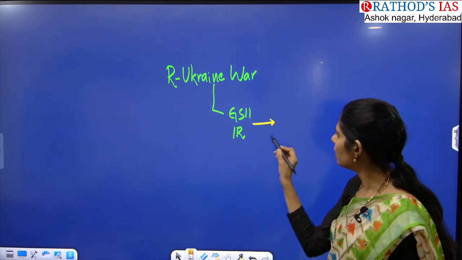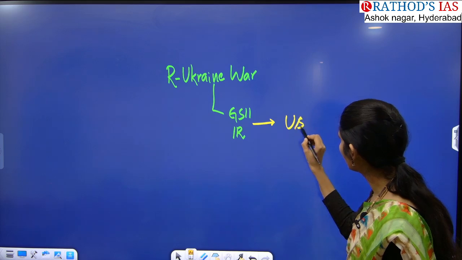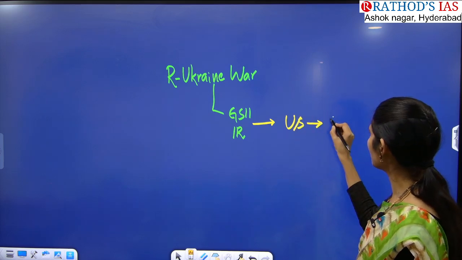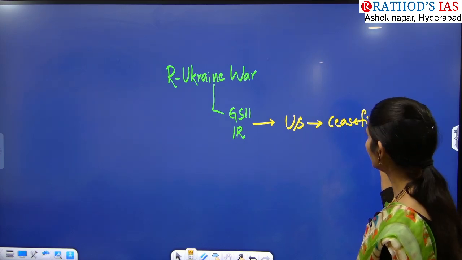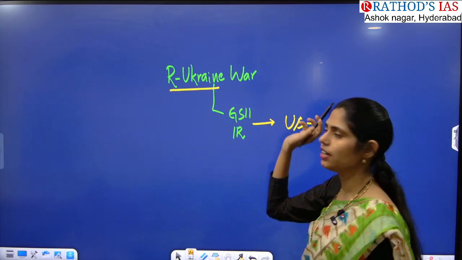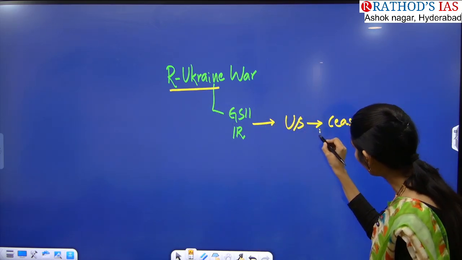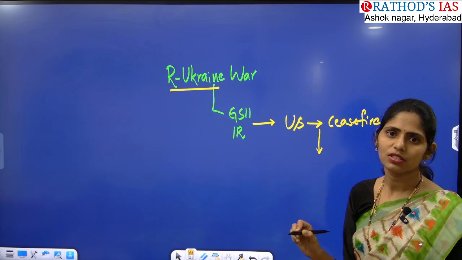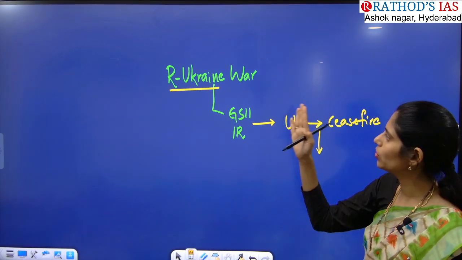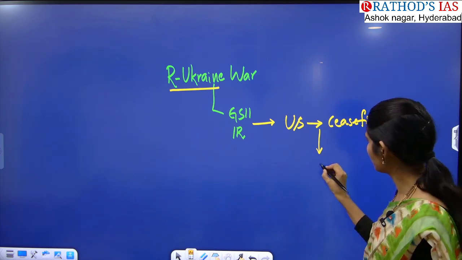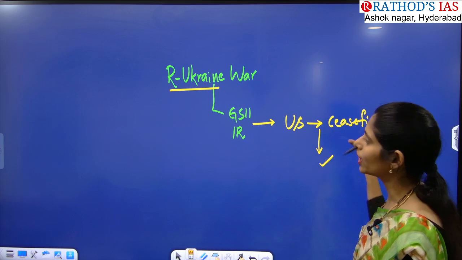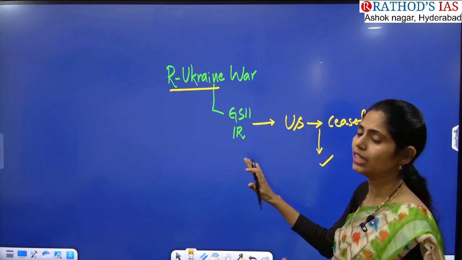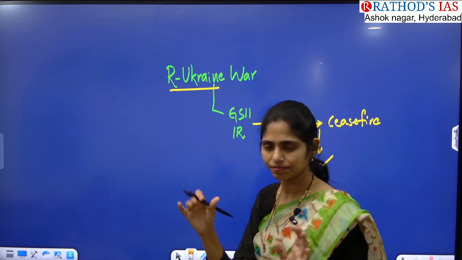Now the US wants to interfere and come up with a ceasefire between these two, Ukraine and Russia. And finally, yes, we are going to have this ceasefire between Russia and Ukraine now. This is the present context, whatever I said is given in this article title.